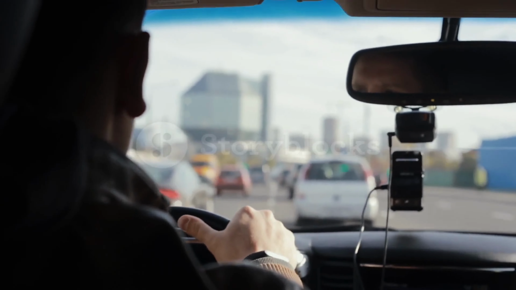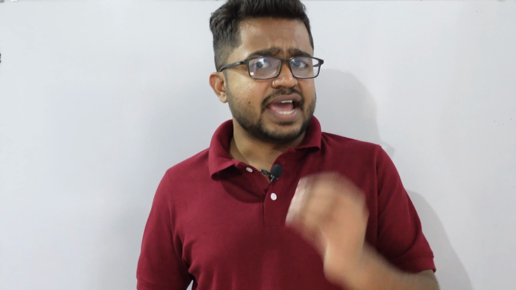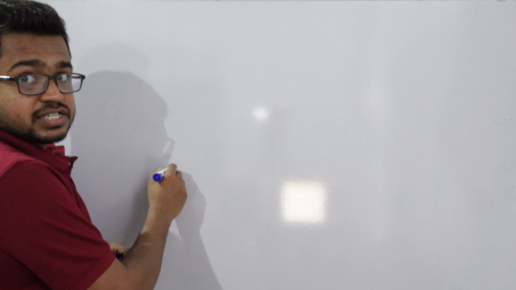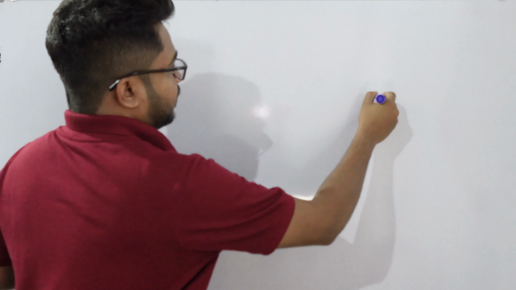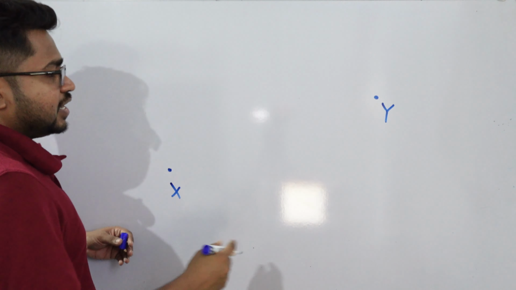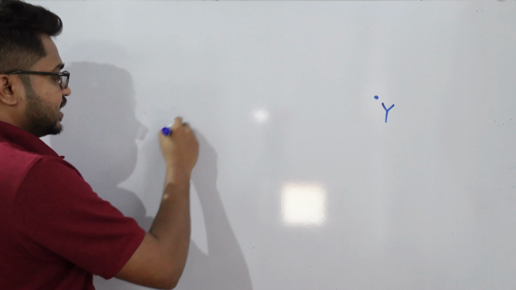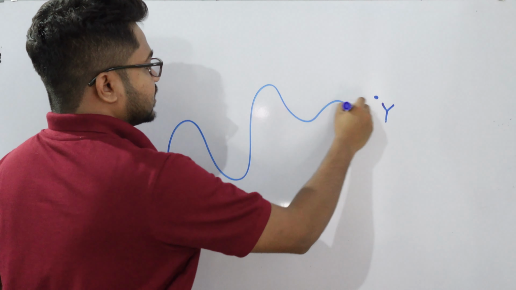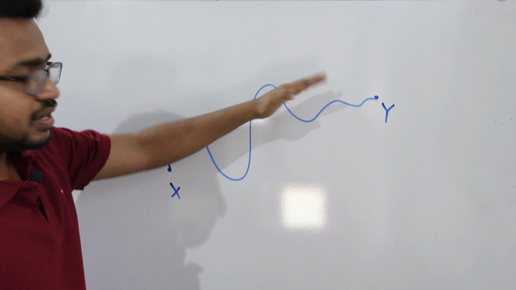Imagine you have to travel between two cities. Let's name these cities X and Y. City X would be here, and city Y would be there. You know that we don't have straight roads. So if the road is like this, you will have to travel by car like that.